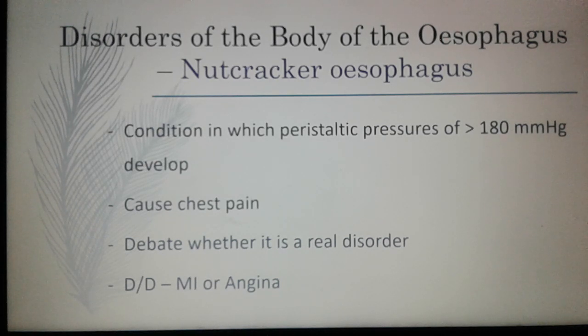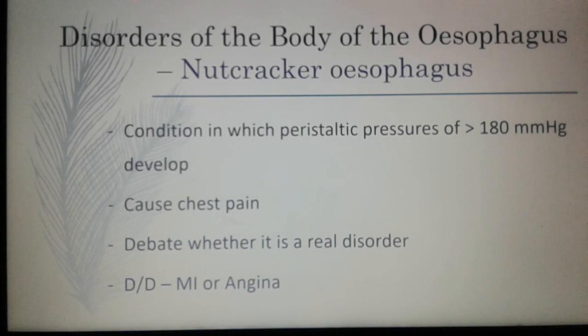Now the second condition affecting the body of the esophagus, the Nutcracker esophagus. In this, just try to understand, Nutcracker esophagus means suddenly the pressure inside the esophageal lumen becomes very high, more than 180 millimeter of mercury. It causes chest pain.